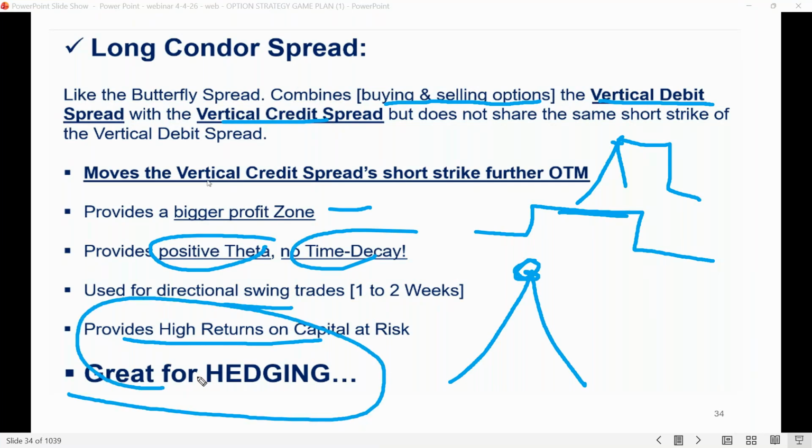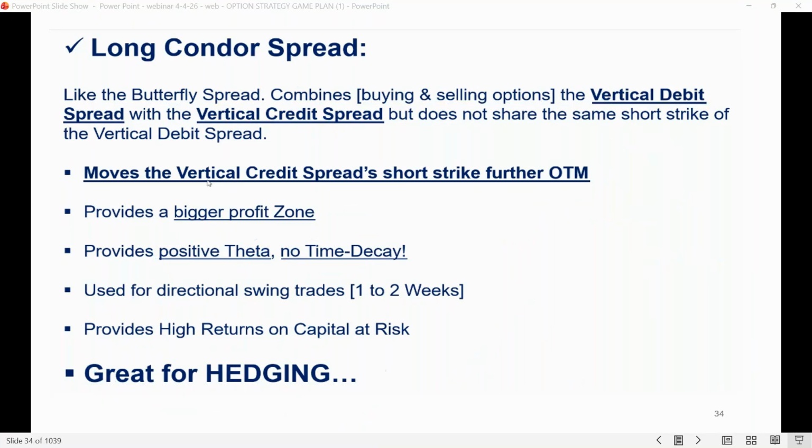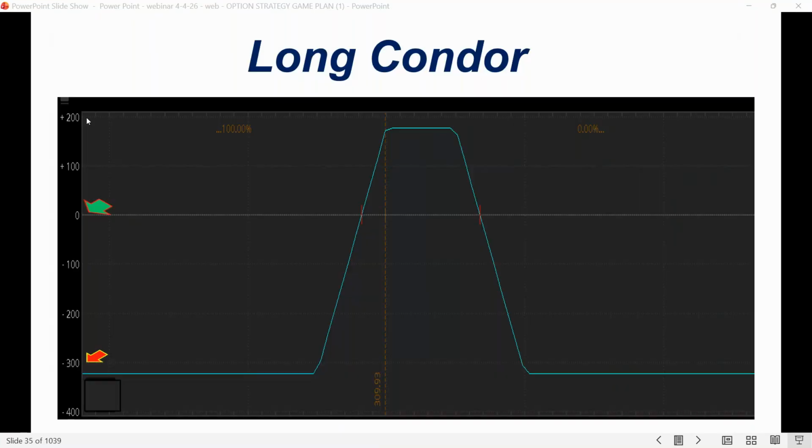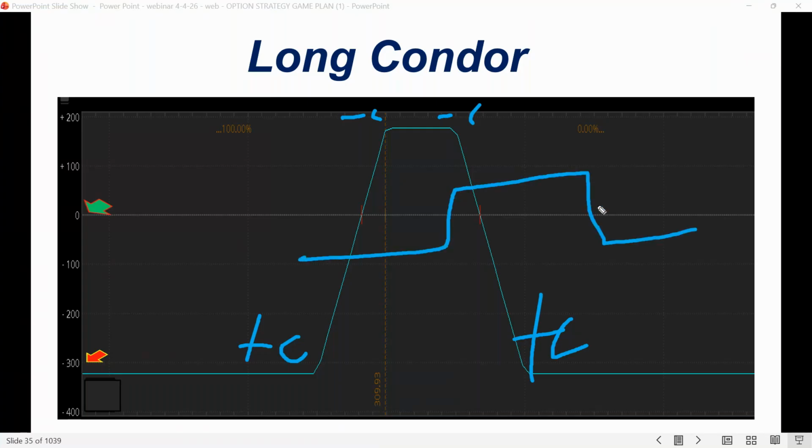All right, so this is the first drop-down progression that we'll typically use to hedge something: hedge it and adjust it to a condor. This is what the profile looks like on the condor. You could be long calls and do a call condor, or you could do a put condor with long put, short put, long put.